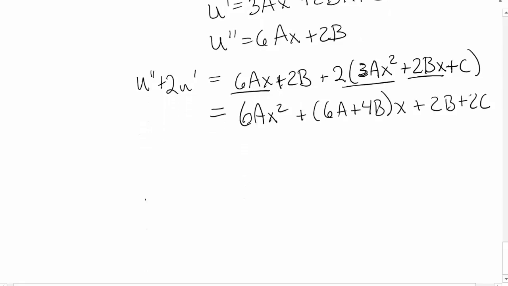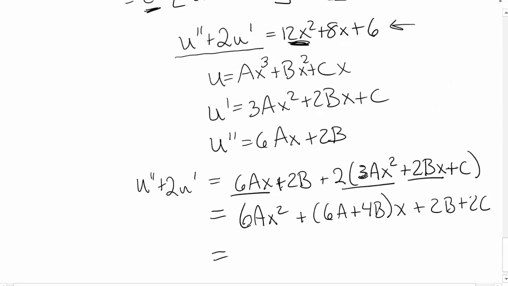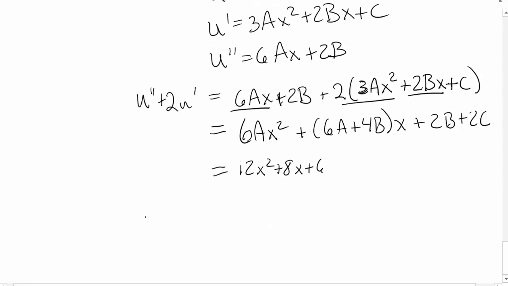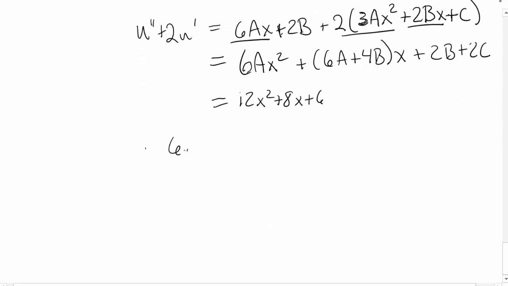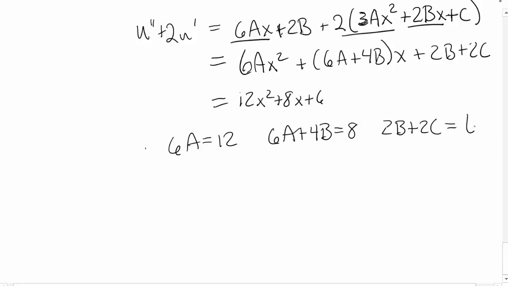So I want this to be equal to the right-hand side, which was 12x squared plus 8x plus 6. What that means is my 6a better be 12, my 6a plus 4b is equal to 8, and my 2b plus 2c should be 6.